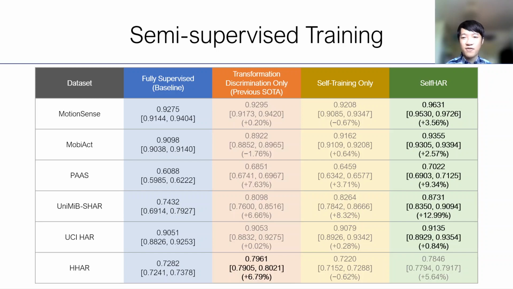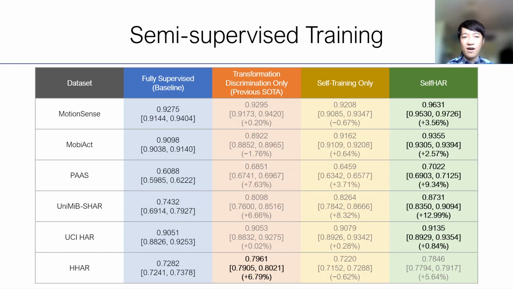In this table, the first column corresponds to the dataset, the second column corresponds to the fully supervised baseline, the third one corresponds to the transformation discrimination only pipeline, which is the previous state of the art. The fourth one corresponds to self-training only, which is an ablation study where we isolate the self-training element. And the last column is our SelfHAR pipeline.